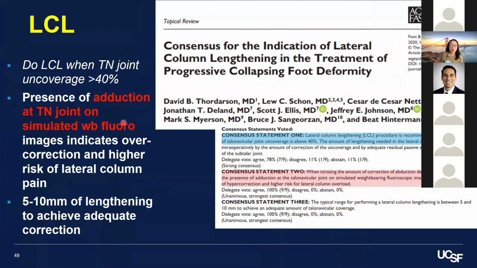You've done a little too much. So you want to take out your graft and under reduce it a little bit, because that's going to lead to higher lateral foot overload. And then usually about 5 to 10 millimeters is an adequate lengthening to achieve the correction. And I would say when I do it, it's anywhere between 6 or 7 millimeters of lengthening to get a nice correction.